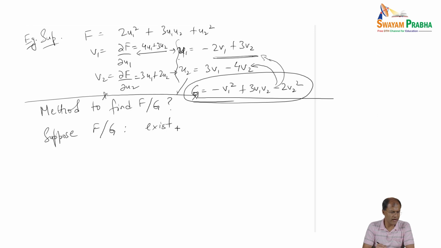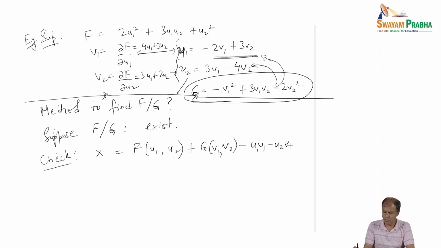I want to check what this value is. So look at this new function x. X is given by f, which was a function of u1, u2, plus g, which was a function of v1, v2, minus u1 v1 minus u2 v2. So what do we have to check?